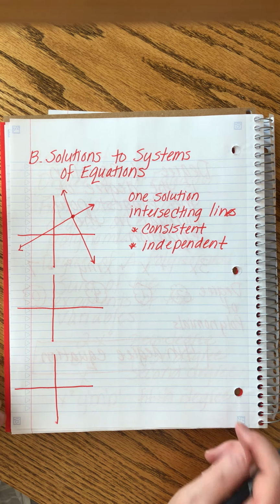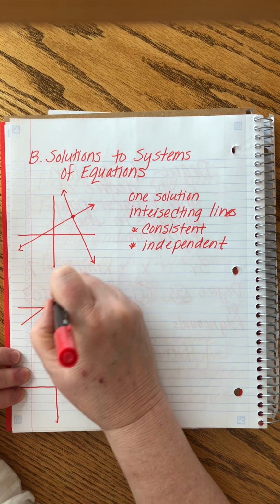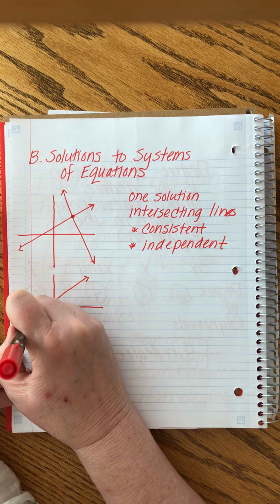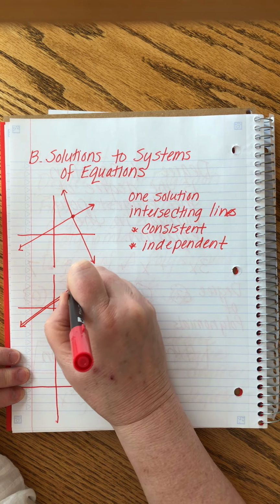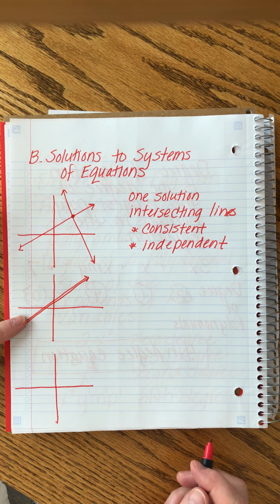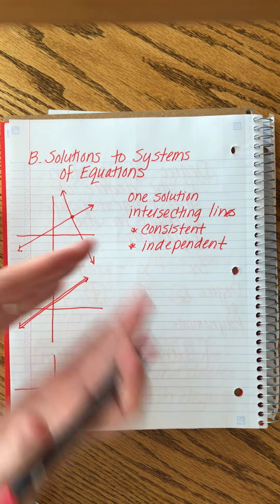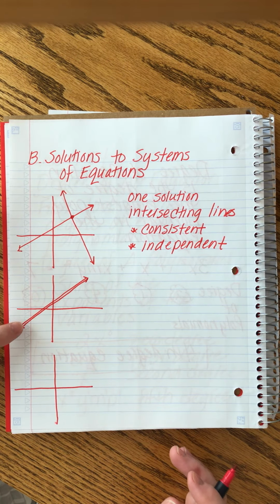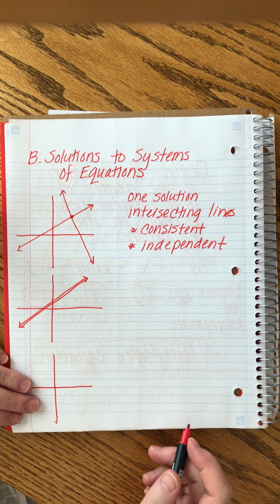Now, let's look at the next type of solution you might get, and this one's the hardest one to draw because what I'm really trying to say is that our 2 equations give us the exact same line. I'm drawing it as 2 because I want you to see that they're on top of each other, but in reality, you wouldn't see space in between them, would you? It would be one exact line.